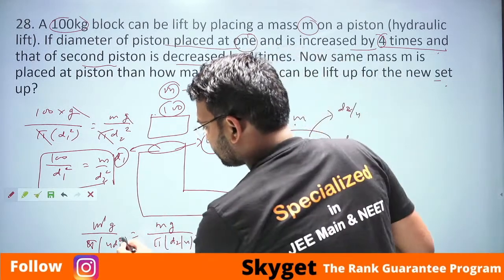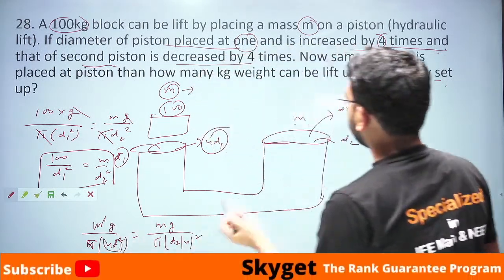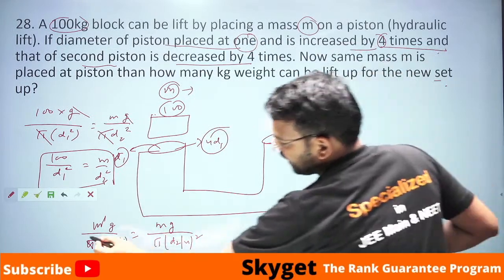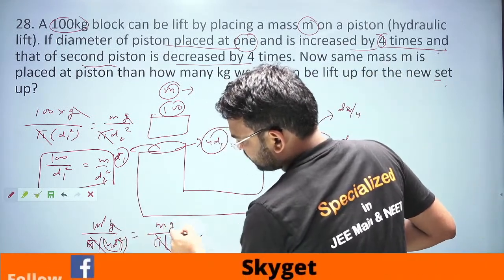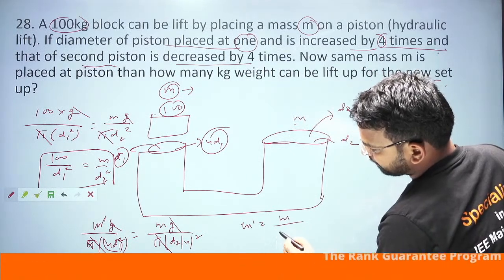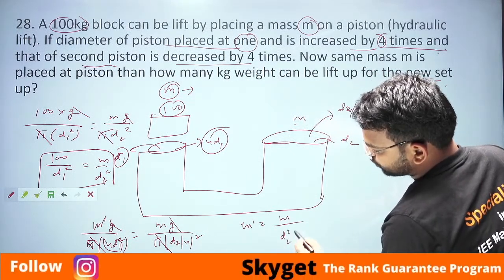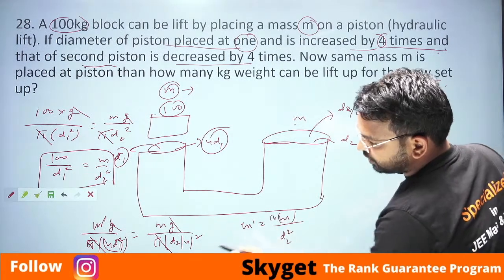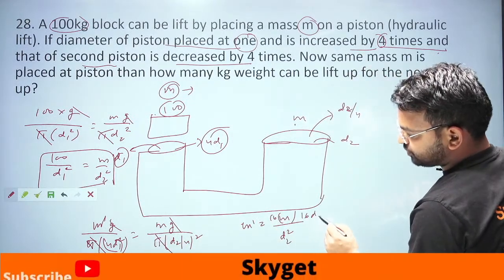Now when you square this value, this whole thing will square up, and pi and pi cancel out, g and g cancel out, so m dash should be m over d2 square times 16 into 16 times d1 square.